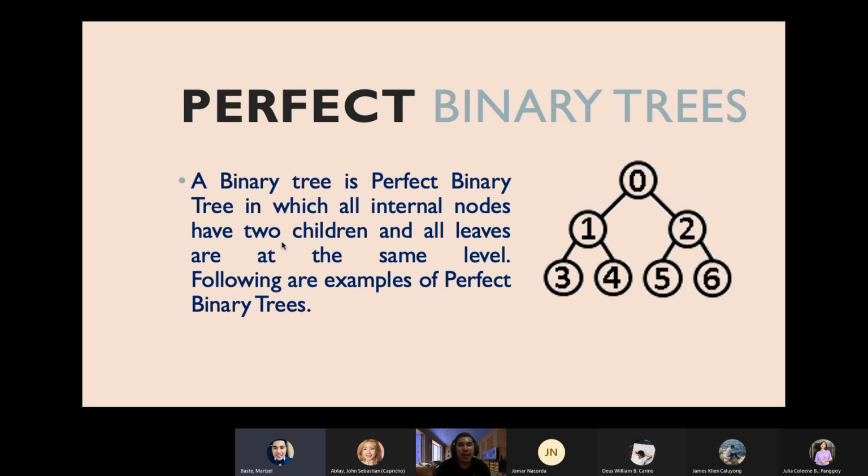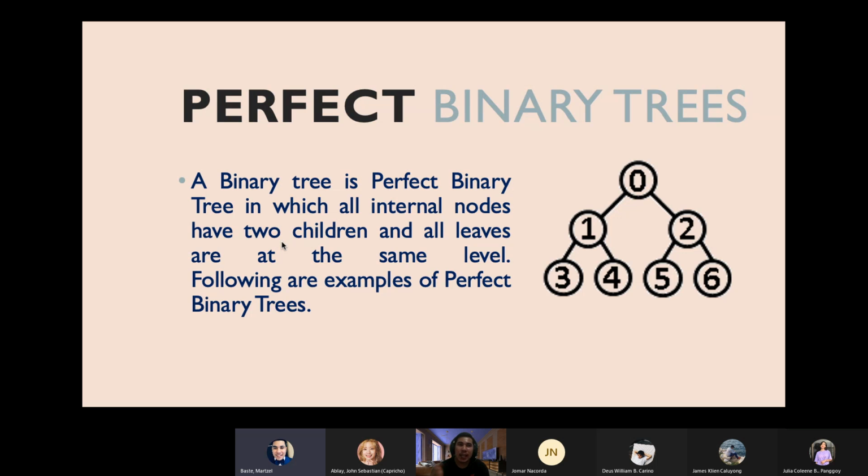Okay, ang perfect binary tree is perfect, meaning all nodes in that particular tree are equal or at the same level.